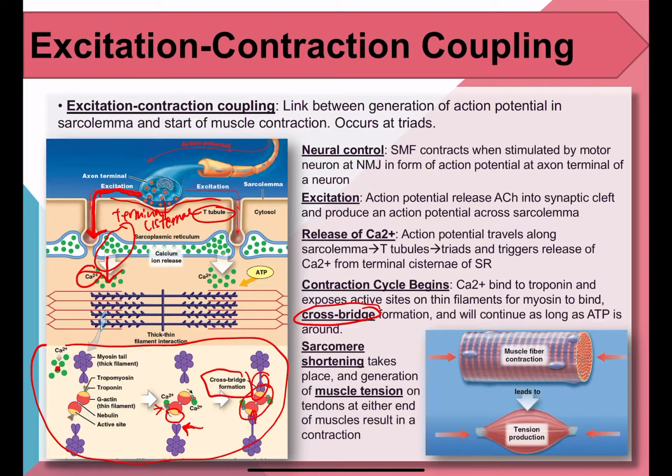Okay, so this is the whole muscle fiber, and every one of those little sarcomeres within each of those little myofibrils is going to contract at the same time due to this whole process of excitation-contraction coupling. Many of these muscle fibers will then contract at the same time to give you the whole muscle as a chunk contracting together to generate some sort of tension that's going to power you to either lift something up or move your arm, for example.